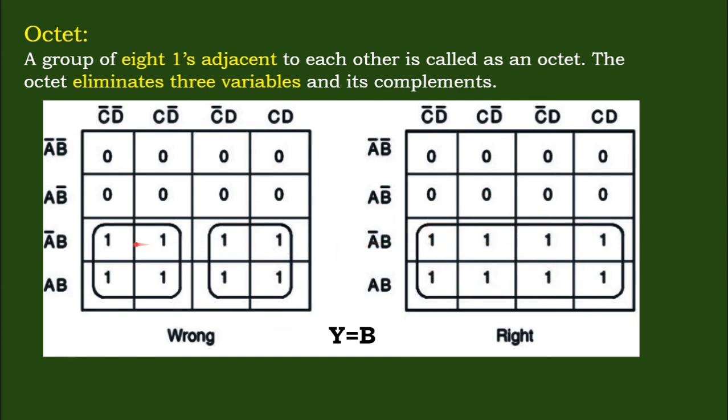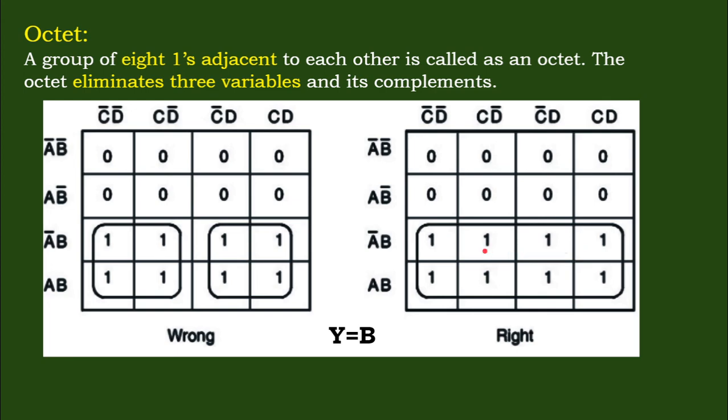We cannot group this into two different quads. This is a wrong combination, and this is the correct combination. You have to combine all the ones to form the bigger group. If not possible, then we go for the smaller groups. Making these eight ones into two quads is the wrong combination; this is the correct way of finding the larger group.